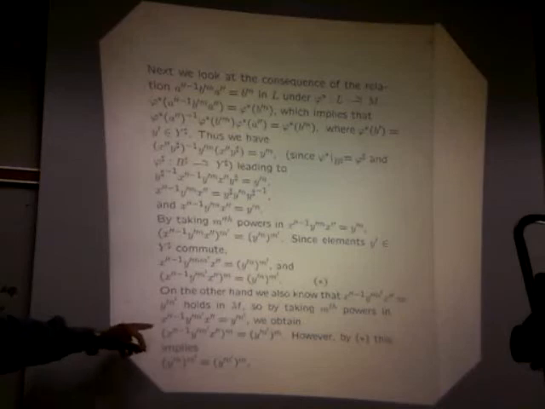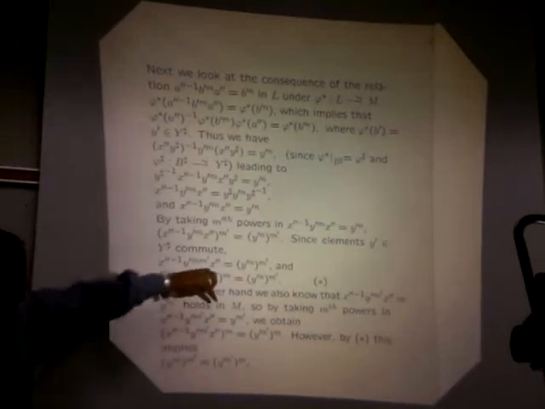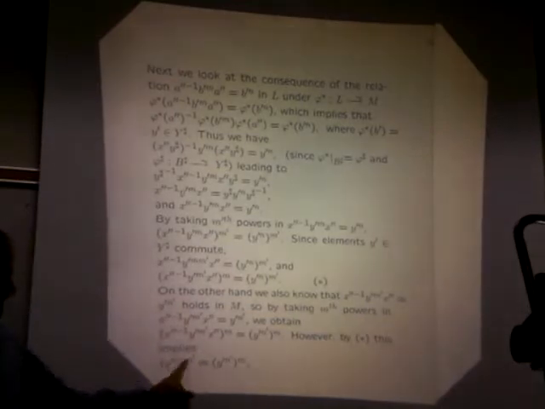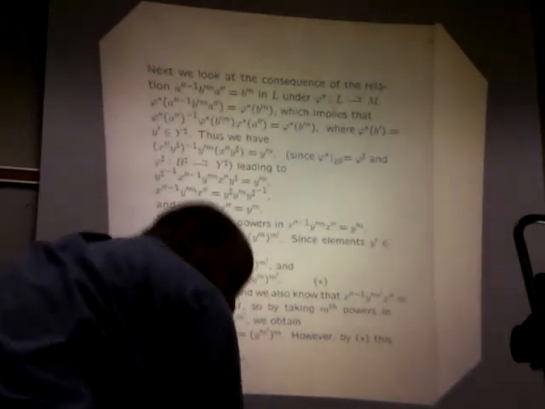It turns out that we have this relation, which implies that we can compare the powers of the y. When we do that, we get n times n prime is equal to n prime times m. Well, this will be the next slide.